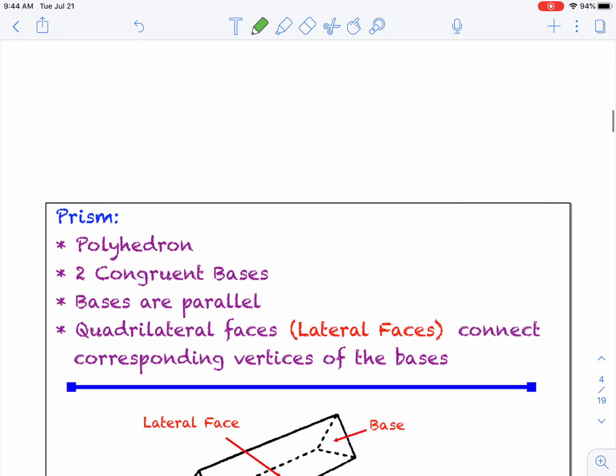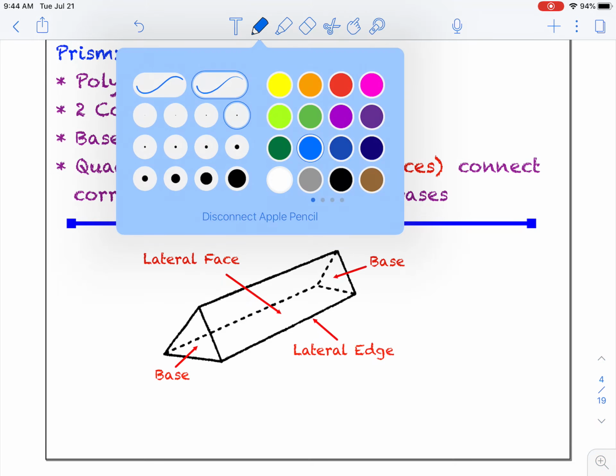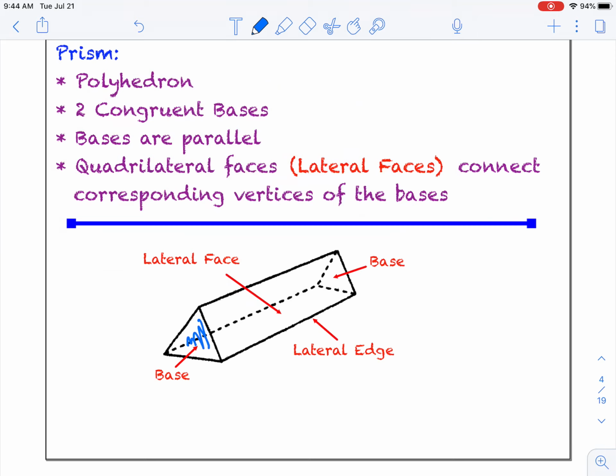Okay, so again, just reviewing some things about prisms. It is a polyhedron with the two congruent bases. Again, we're just reviewing this because from past experience, students tend to sometimes get mixed up between whether something is a prism versus a pyramid.